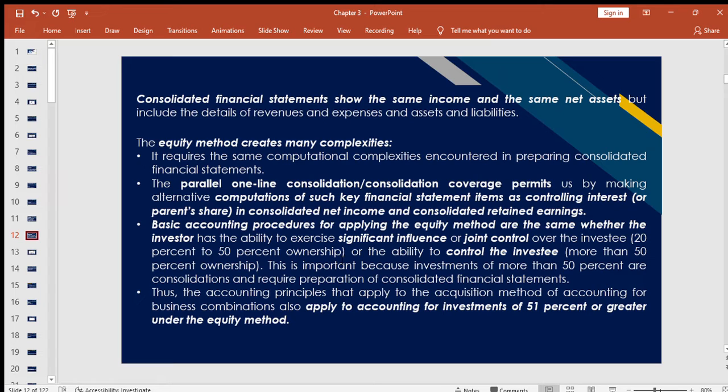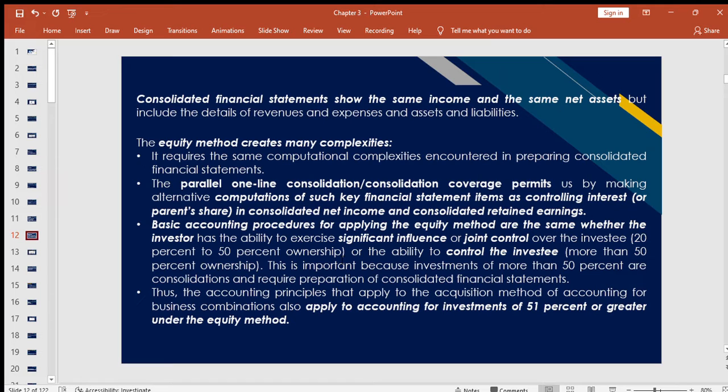The parallel one-line consolidation permits us to make alternative computations of such key financial statement items as controlling interest, consolidated net income, and consolidated retained earnings. Basic accounting procedures for applying the equity method are the same whether the investor has the ability to exercise significant influence or joint control over the investee, or the ability to control the investee.